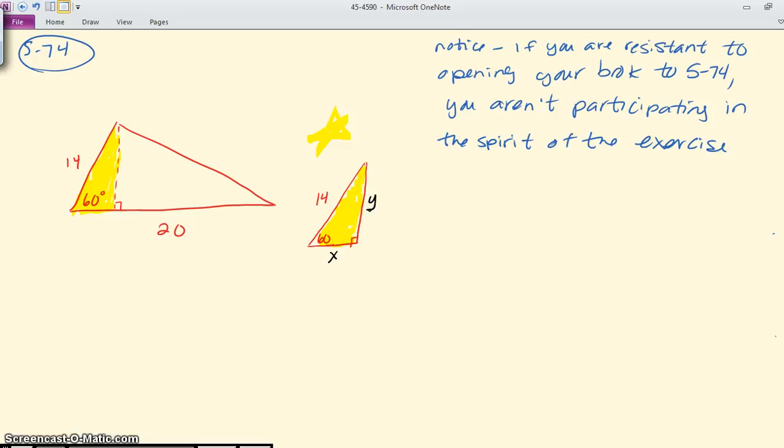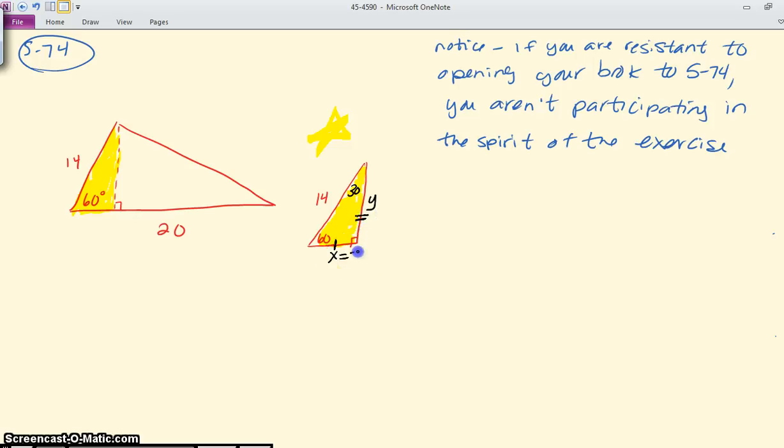So let's go ahead and use what we know about 30, 60, 90 triangles to find x and y. The short leg is this leg, the long leg is this leg, the vertical leg.